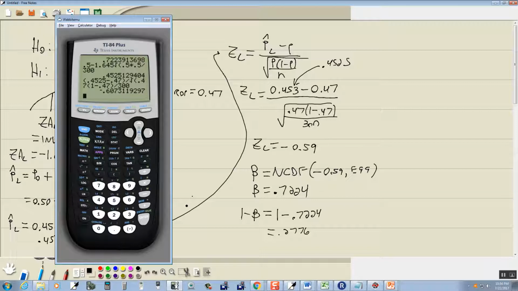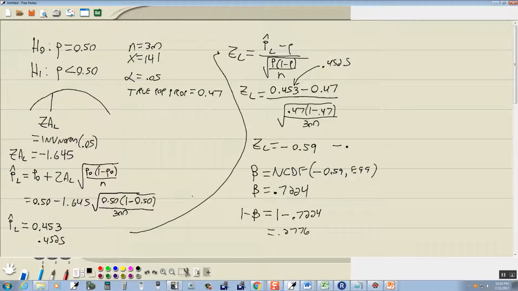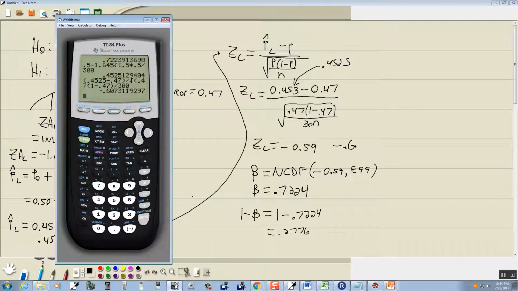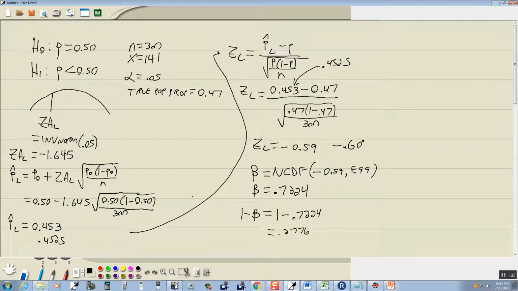The 4 decimal places would be negative 0.6073.